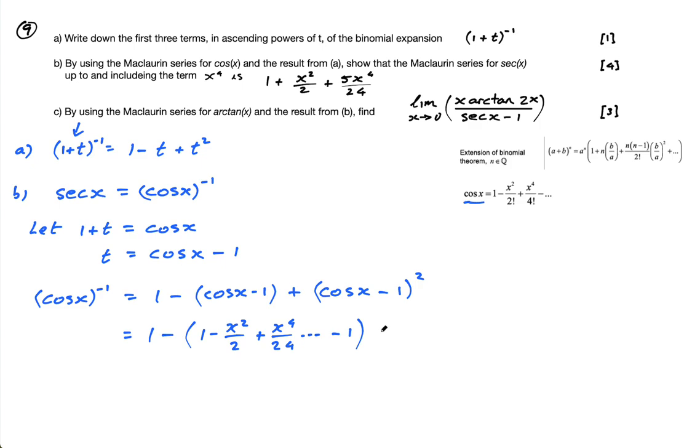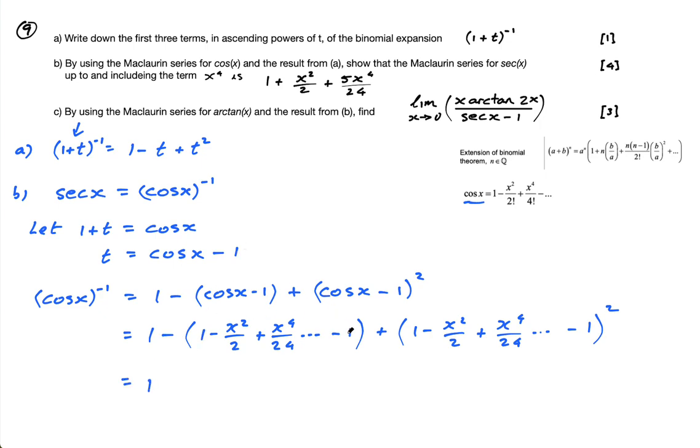And then here, I'm going to have plus, same thing, 1 minus x squared over 2 plus x to the 4 over 24 dot dot dot minus 1, close the bracket, squared. Okay, so this equals 1, which I want.